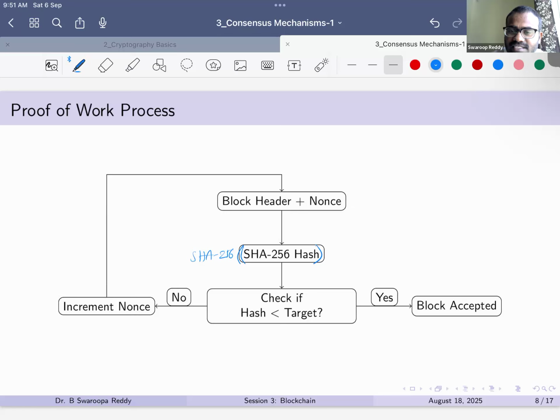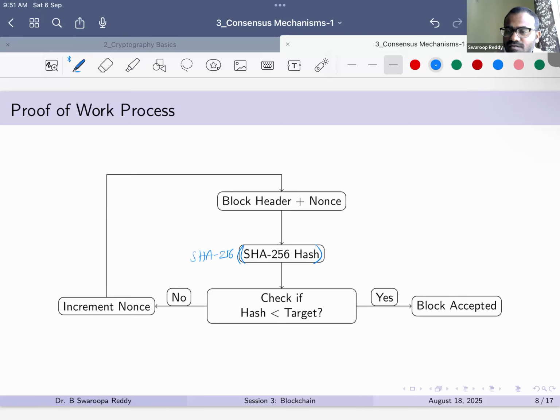If yes, the block is accepted. If no, the nonce value will be changed, and it will again compute the SHA-256 of that input and check the condition again. If this condition is satisfied, then it is accepted. Otherwise, it again does so by incrementing the nonce value. This process will be repeated until this condition is satisfied. This is the proof of work process in a very simple diagrammatic way.